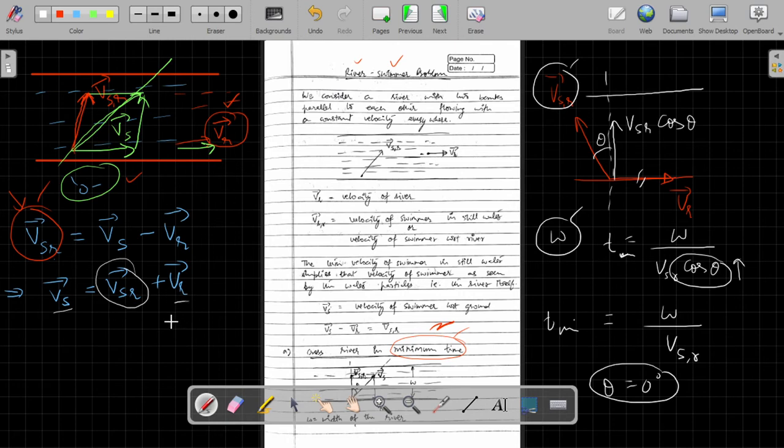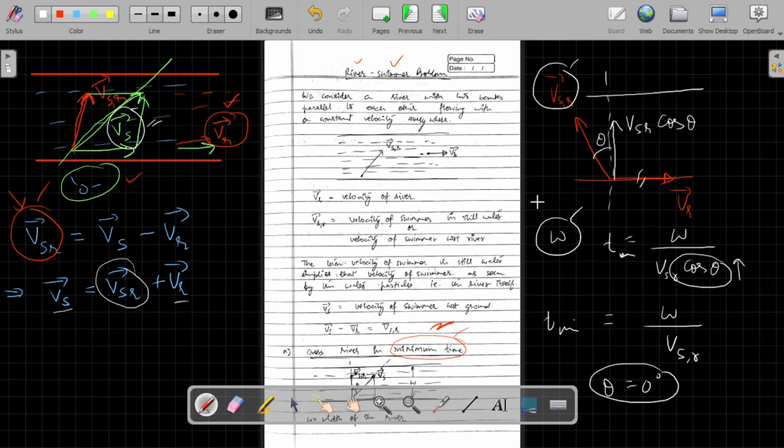These two vectors are added, and the addition can be done both geometrically and vectorially. But this is not the ultimate answer we are looking for, because the velocity with respect to river is just a relative velocity, how the river particles would see the swimmer swimming in a particular direction. The actual velocity in which the swimmer would be swimming is Vs, the velocity of swimmer with respect to ground.